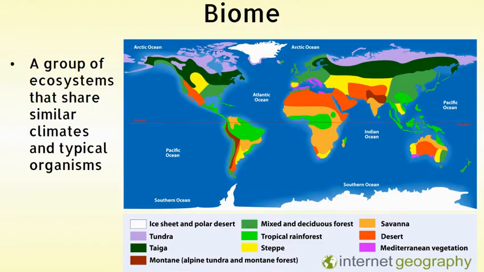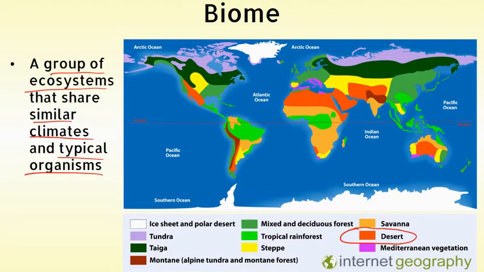All right, now even bigger, we can go ahead and look at the biomes. Okay, biomes are groups of ecosystems that share very similar climates and share typical organisms that live within them. So if we look at the world, there are certain biomes spread throughout the world. So for instance, if we look at desert, the desert biome, which you can figure: hot, dry weather.